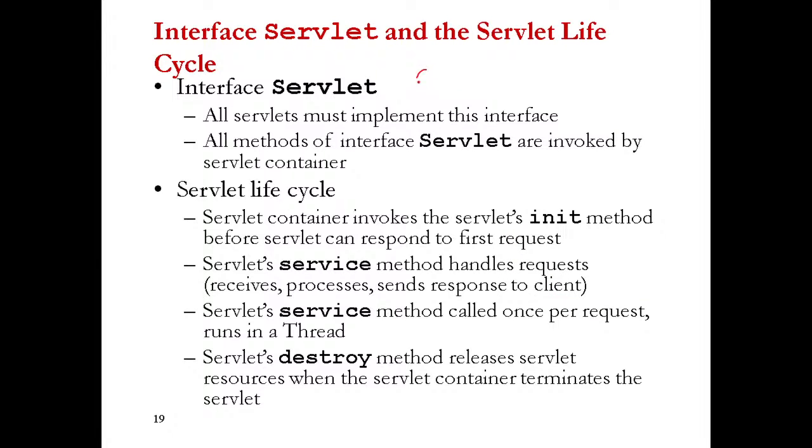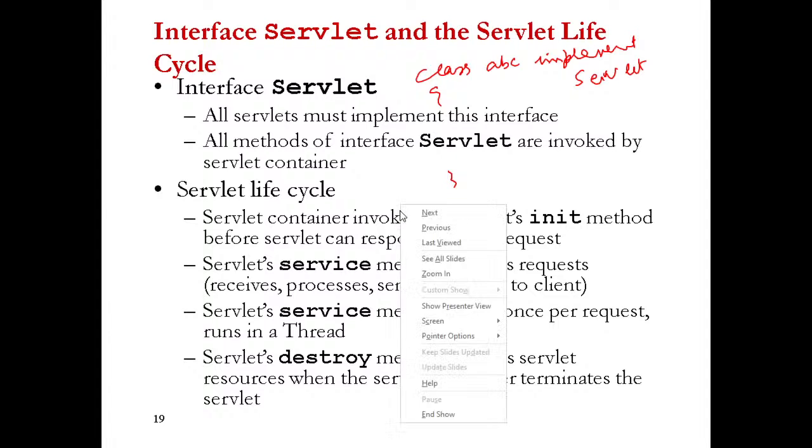So if I want to derive a class ABC, we have to implement that Servlet interface. So this class has been created. Further, we will define all the methods which have been declared in the interface Servlet.